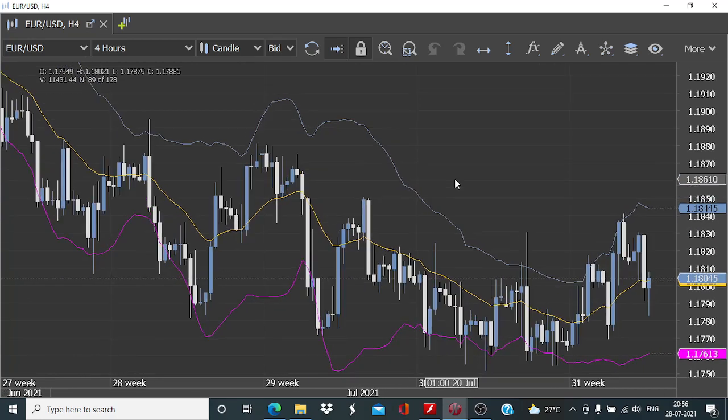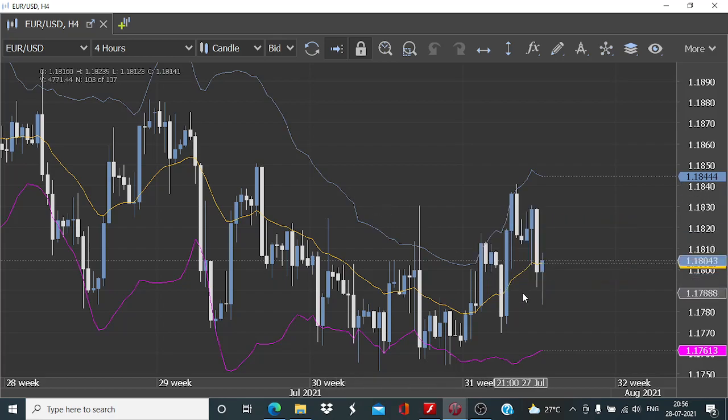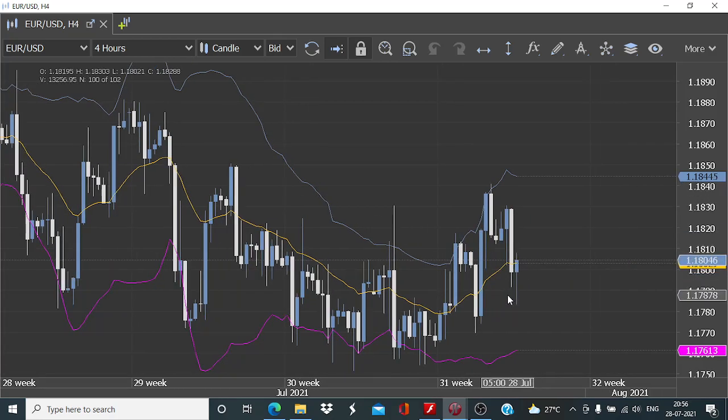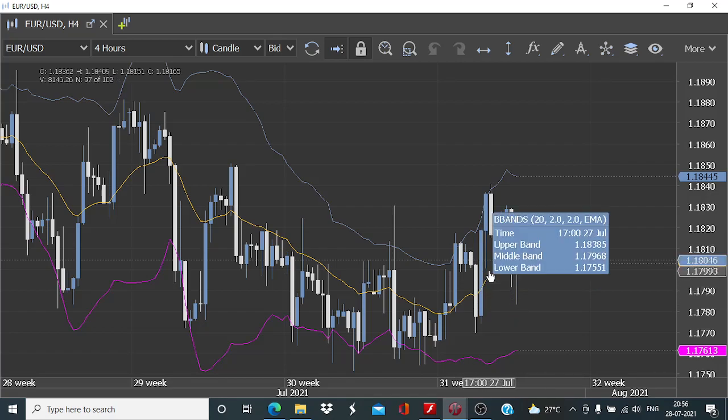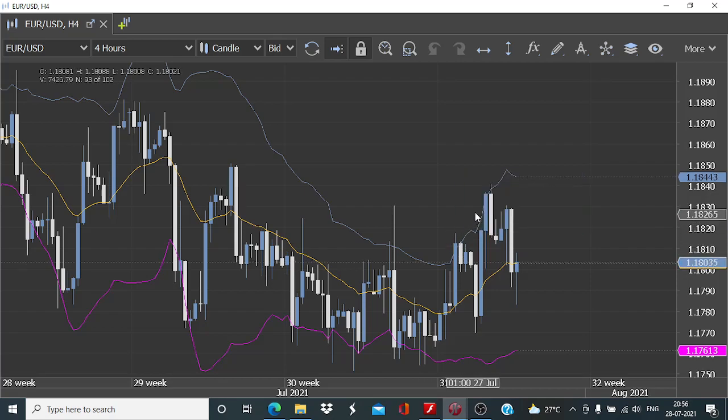For any buy trade to happen, we will need the bullishness in the underlying prices, and that means the standard deviation should be happening on the higher side. The price action should be touching this upper band, and it should not be touching the lower band in immediate vicinity prior to the execution of the trade.